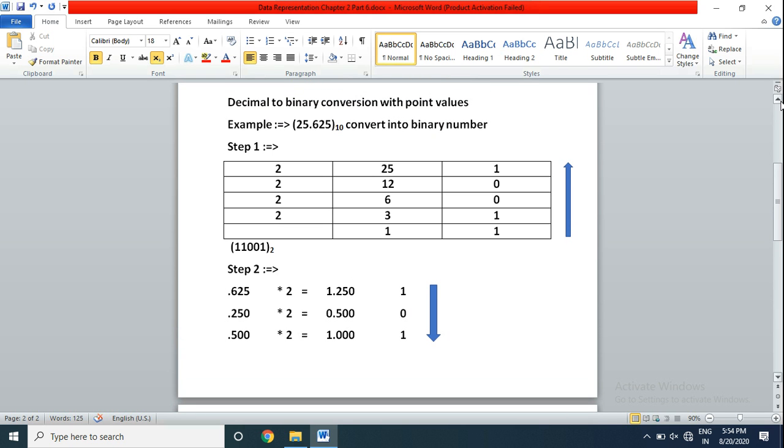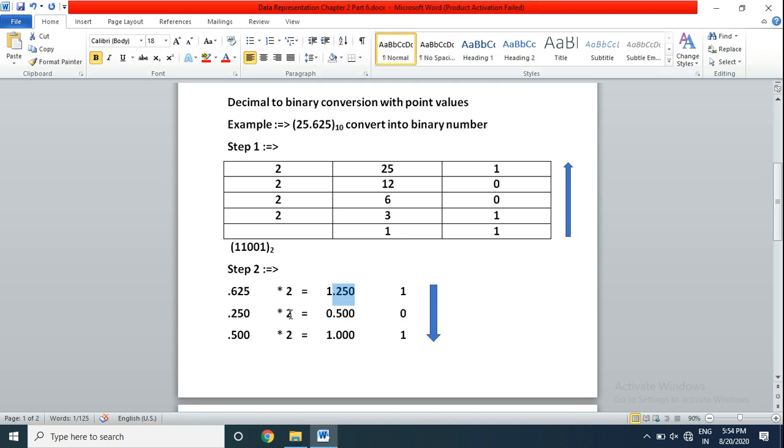Let us go through it one more time. In the first step we write 25 and divide by 2. After dividing by 2, our output is this. For the point values, we write 0.625 times 2, which is 1.250. This 1 we write here, and the point value 0.250 we write here, then again multiply by 2.